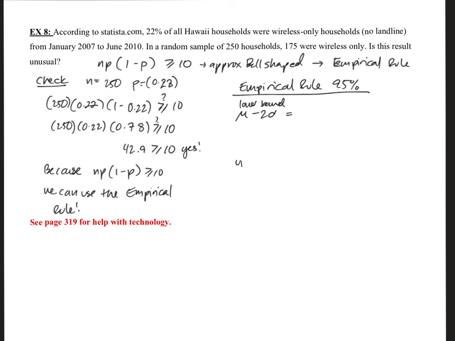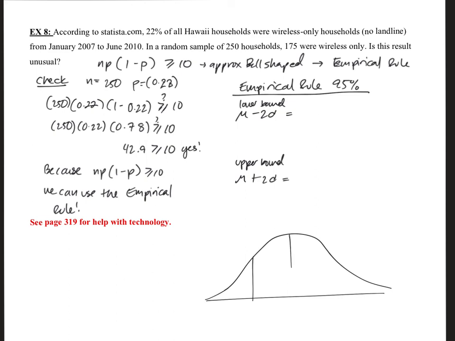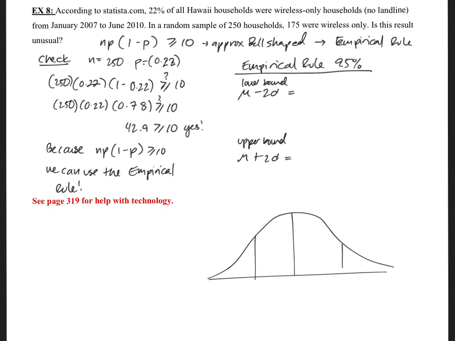And then my upper bound would be mu plus 2 times my standard deviation. Okay, so an image of what I'm looking at. Ew, that's an ugly curve. So an image, I am looking at this. So this would be mu minus 2 and then mu plus 2 times my standard deviation.